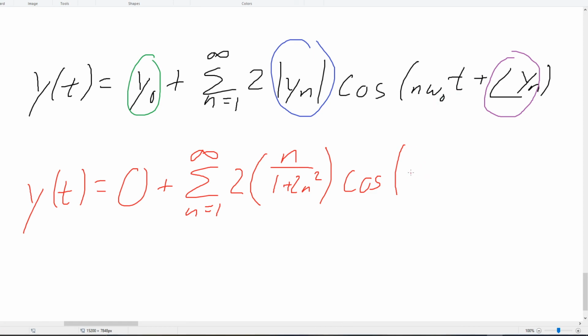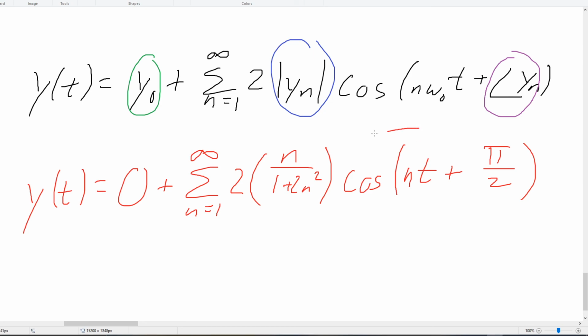Omega naught is 1, so this is just going to be nt, plus angle of yn. Oh, wait, not. Hold on. Pi over 2. There we go.